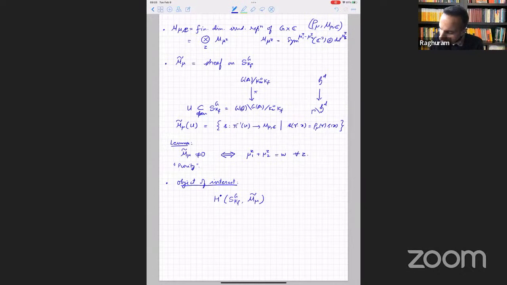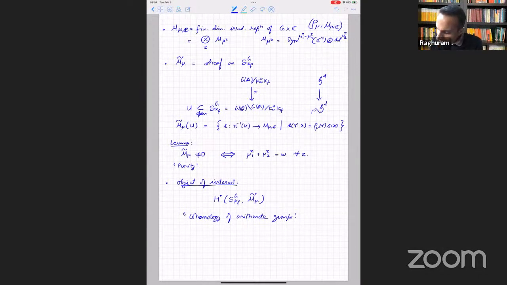And you will see people use the phrase cohomology of arithmetic groups. While talking about this, you may not even see an arithmetic group, and it's kind of there behind everything.